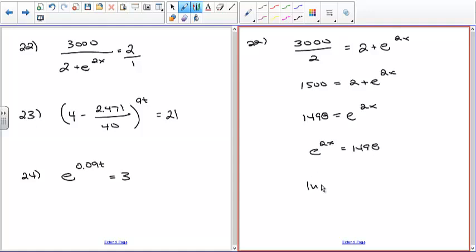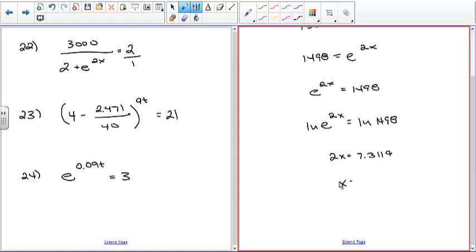Natural log of e to the 2x equals the natural log of 1,498. So e to the natural log of e to the 2x is 2x. And the natural log of 1,498 is 7.3119. I'm carrying some extra digits here. Then divide both sides by 2. You get 3.6559.